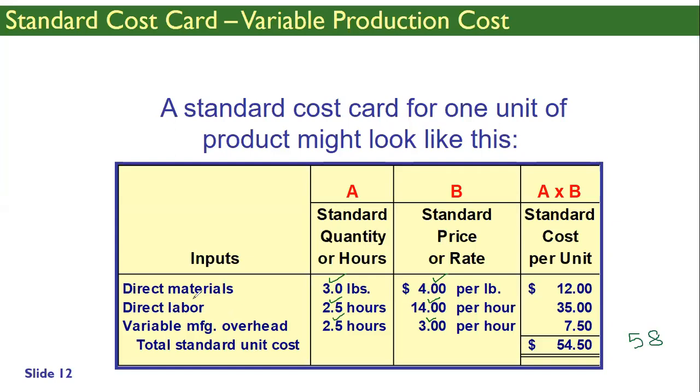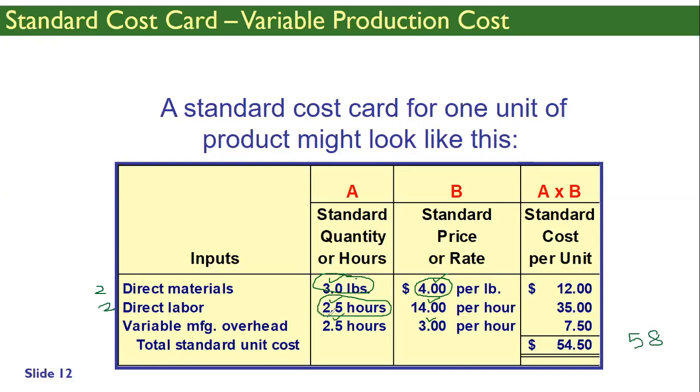Two variances for direct material, like one could be here, one could be here. This one will be called the material usage variance. Maybe I used more. This one will be called the material price variance. Maybe I purchased expensive.